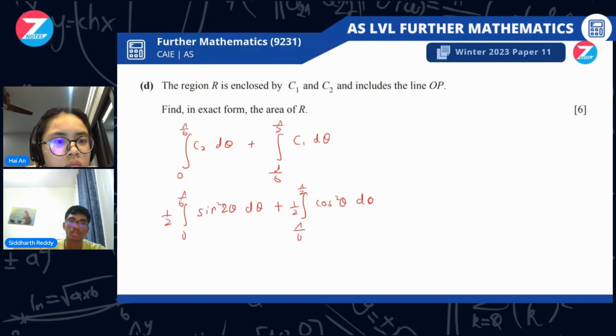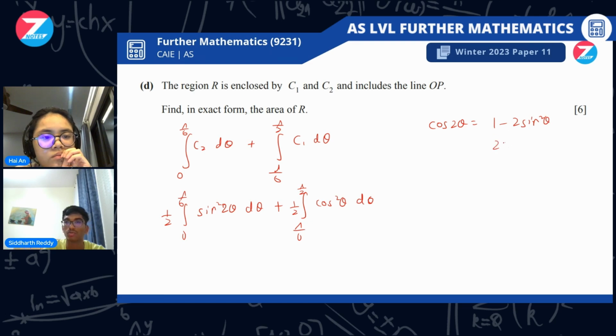Okay, so just checking MF19, because those are difficult to integrate. So first thing we get is that for cos 2 theta, the formula is going to be 1 minus 2 sin squared theta and 2 cos squared theta minus 1.